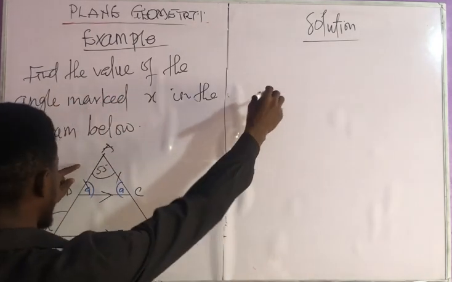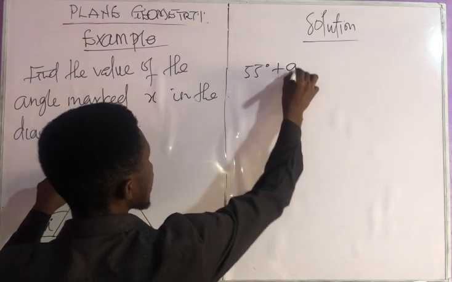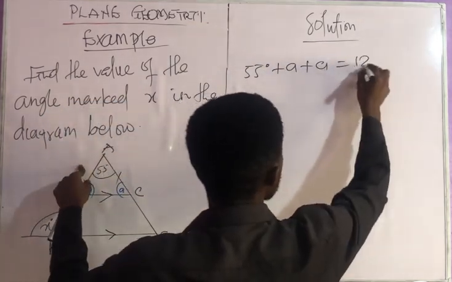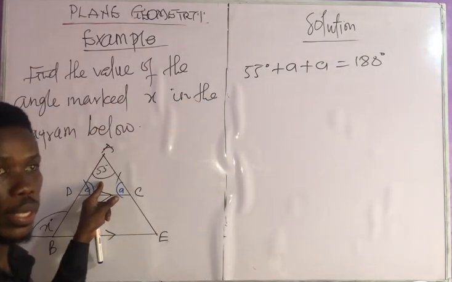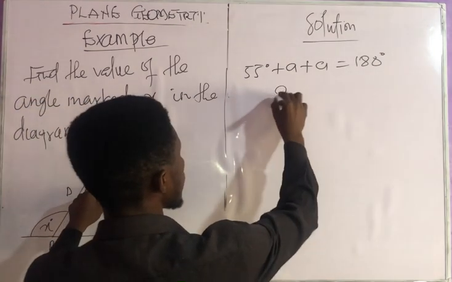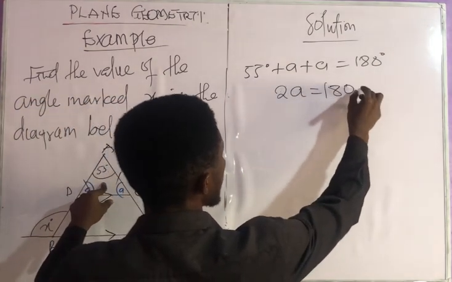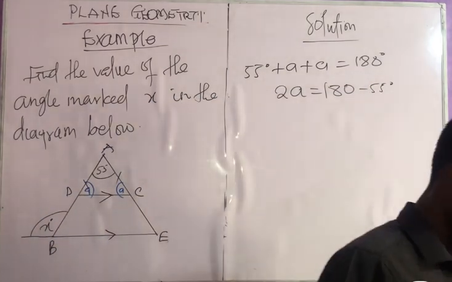Now let's find the value of A and see something. So I'll have 55 degrees plus 2A equals 180 degrees. You know the reason. This is a triangle, so the sum of the interior angles will be 180. So this gives us 2A equals 180 minus 55 degrees. Is that okay?